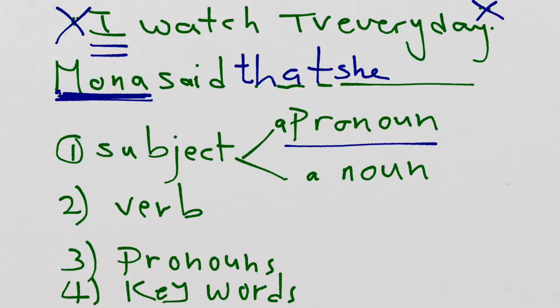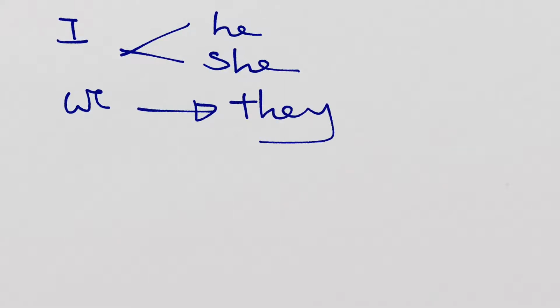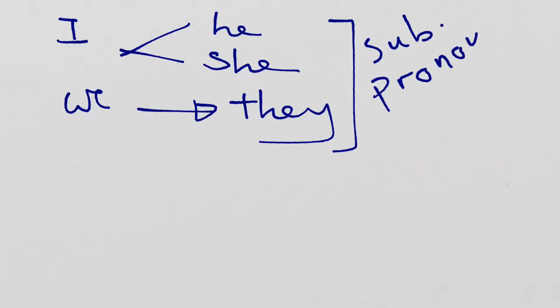If it is, for example, Ahmed or doctor, you're going to change it into he. If the subject is we, you have to change it into they, and so on. We call these subject pronouns. You have to change them in order to change the direct sentence into indirect.